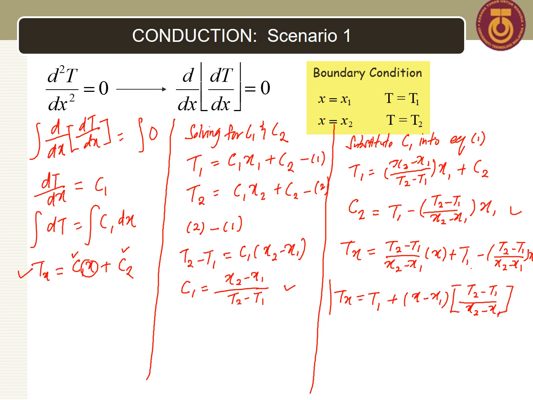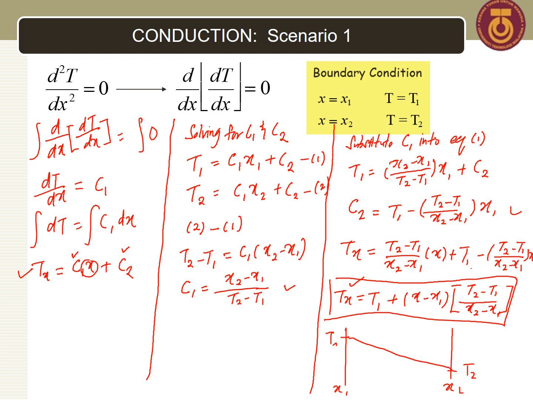So this is the equation for the temperature profile within the boundary. Within these 2 points, this is x1, this is x2, and here this is T1, this is T2. The profile should be like this, because it's in the form of y equals mx plus c.